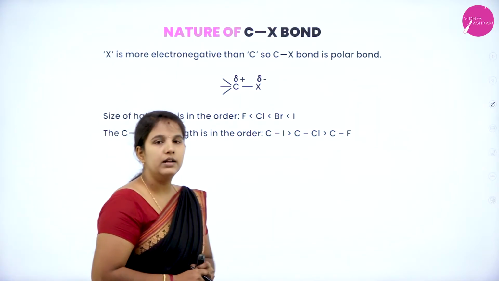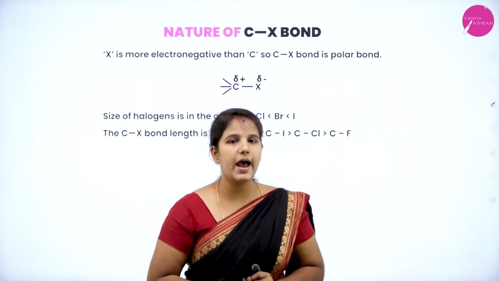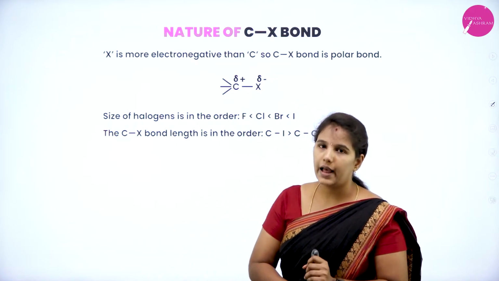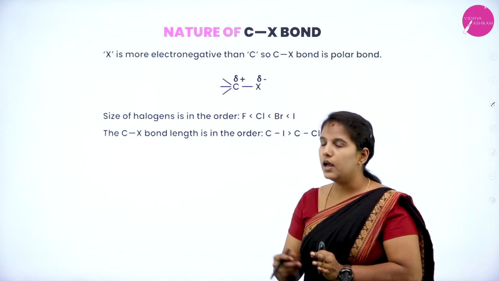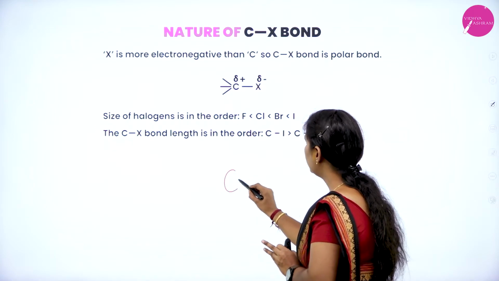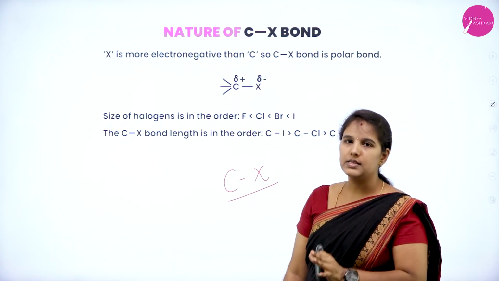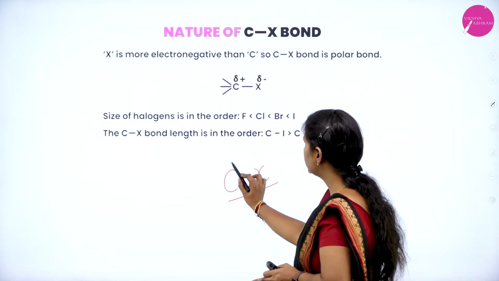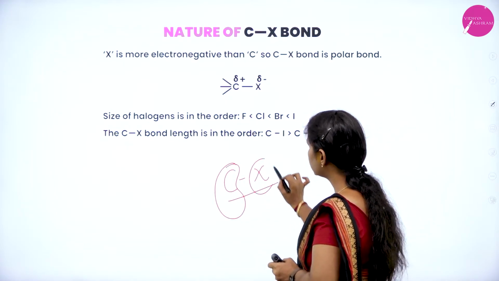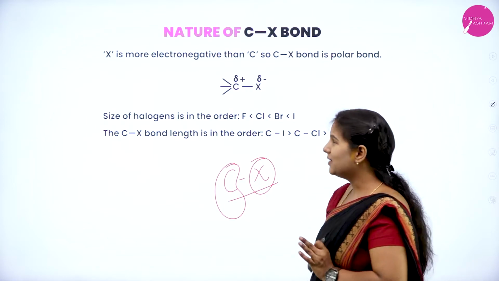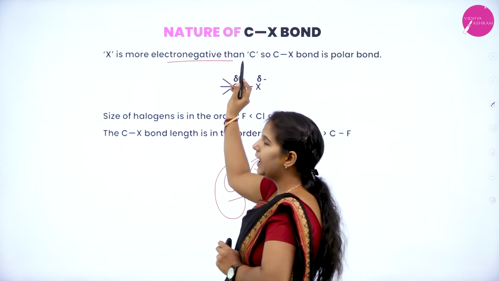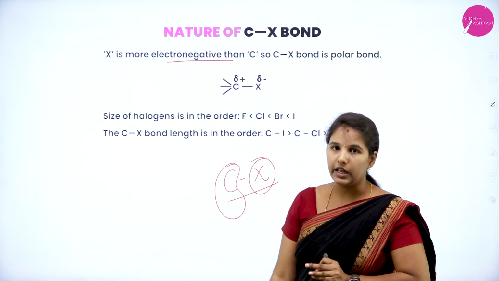Next, we have the nature of the carbon-halogen bond in haloalkanes and haloarenes. We know that generally we represent the carbon-halogen bond by C-X. C stands for carbon and X stands for halogen, and these halogens are usually electronegative in nature.